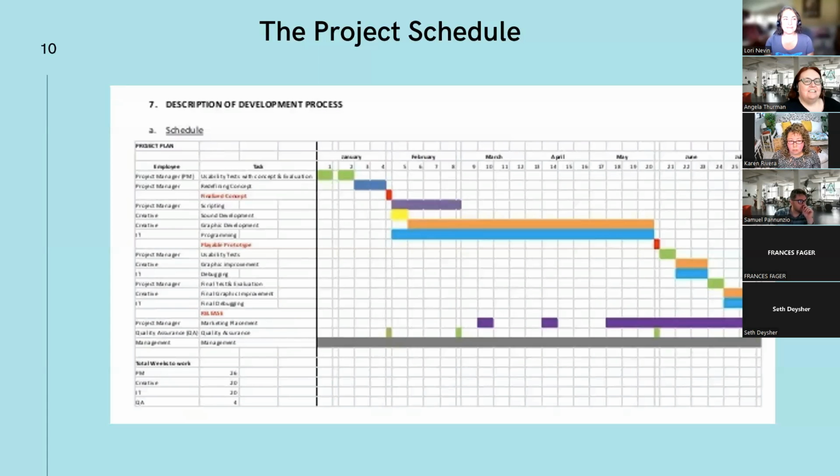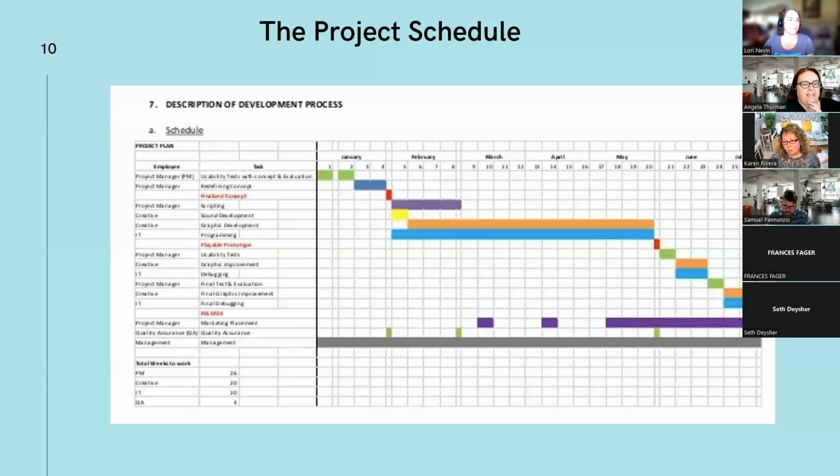I thought of something else as we were discussing the schedule, and I just wanted to mention that sometimes your schedule will change because of scope creep. I mentioned that just very briefly, but I didn't really explain what it was. Scope creep is when the scope that was originally defined in the project charter is enlarged.